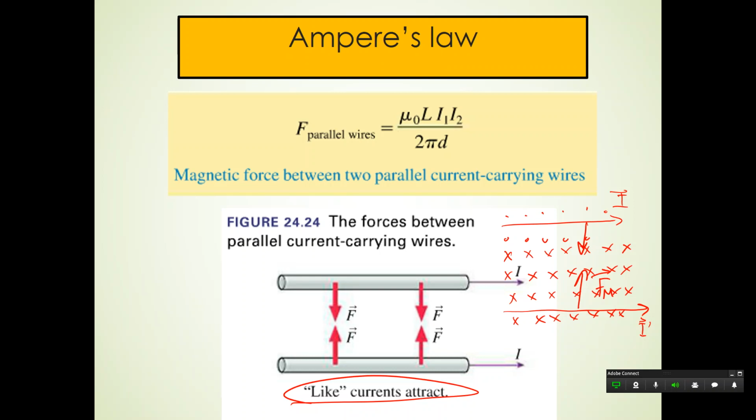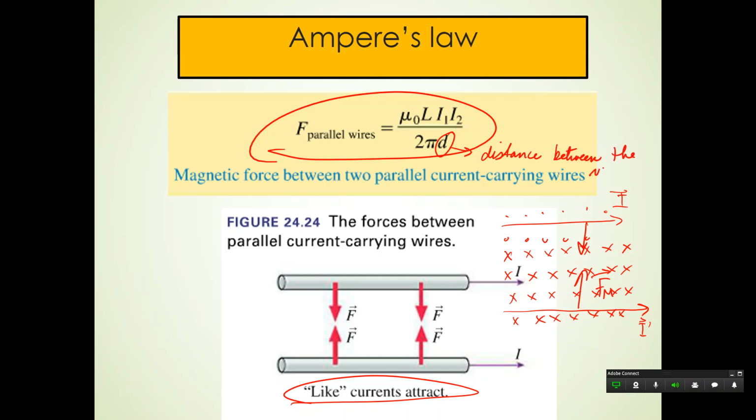And you can quantify that force between the two wires. There it is right there. This D represents the distance between the wires. This represents each current. This represents the length of the wire that overlaps.